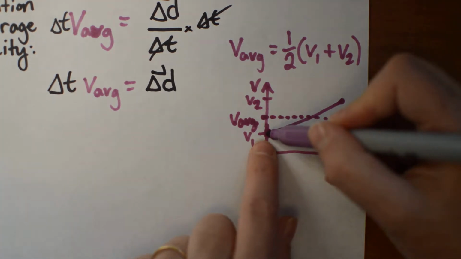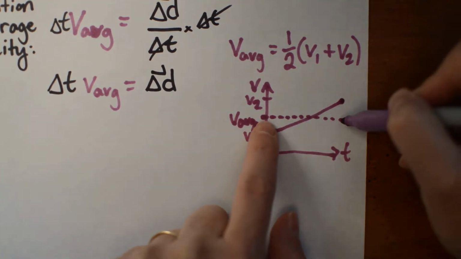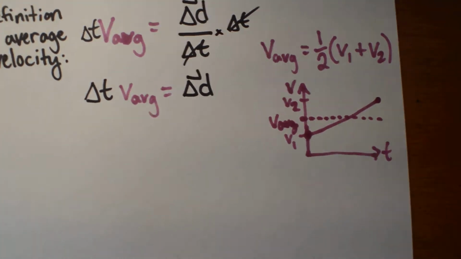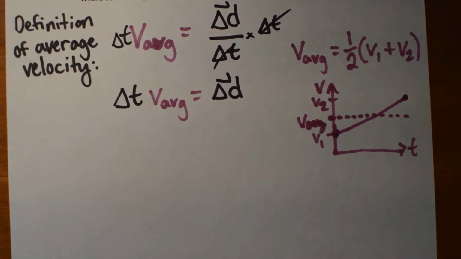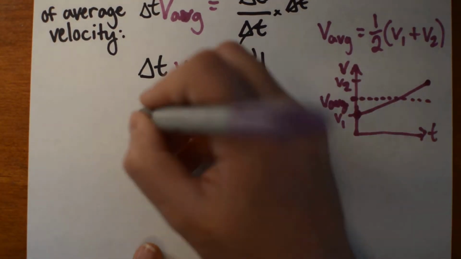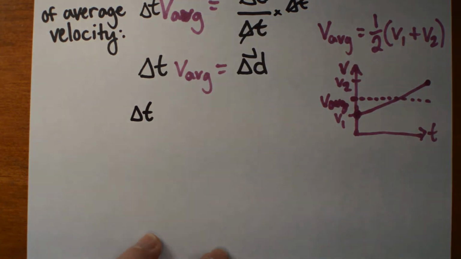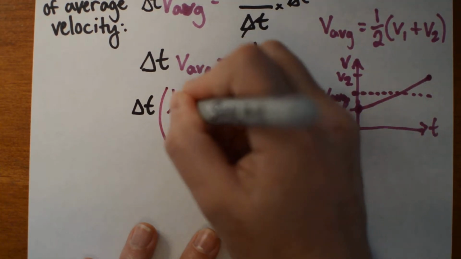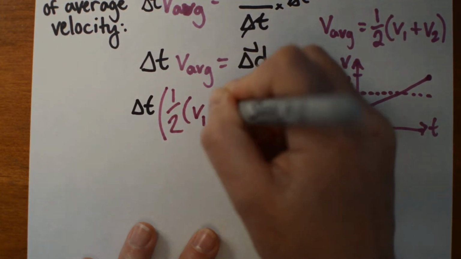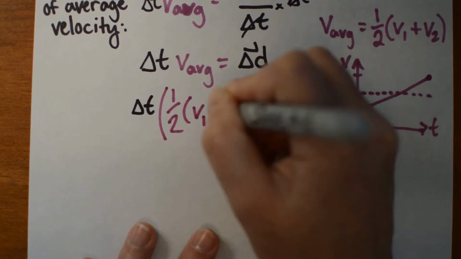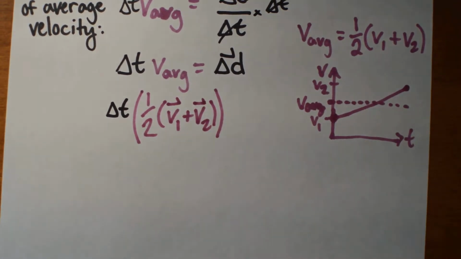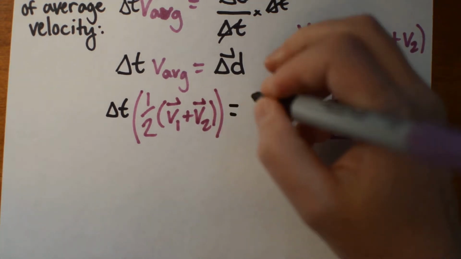So take your initial point, your final point, divide by 2, and you'll get the middle line. So I'll replace V average with half times V1 plus V2. So I'll have delta t times 1/2 times V1 plus V2, and that all equals delta d.